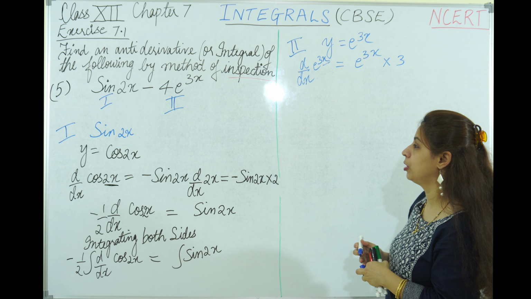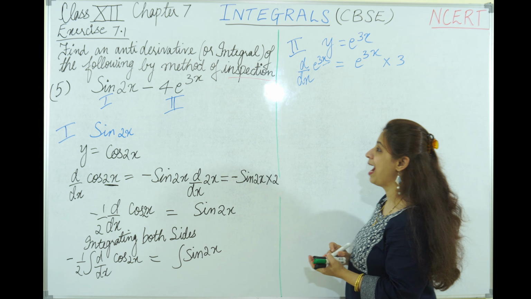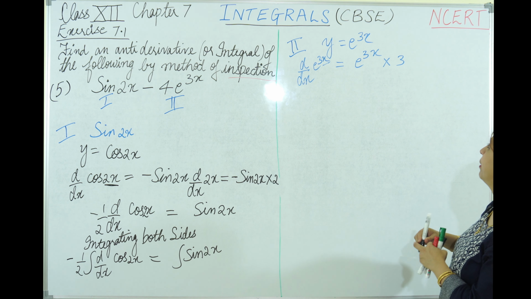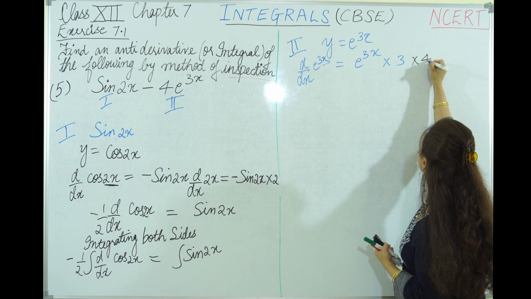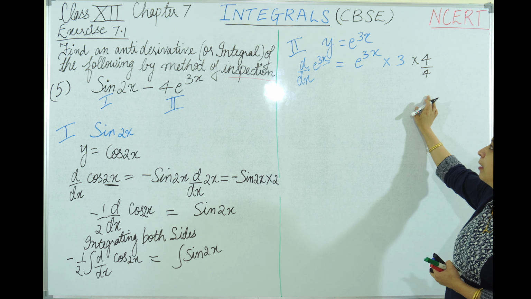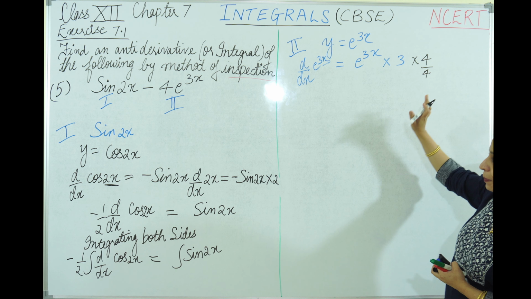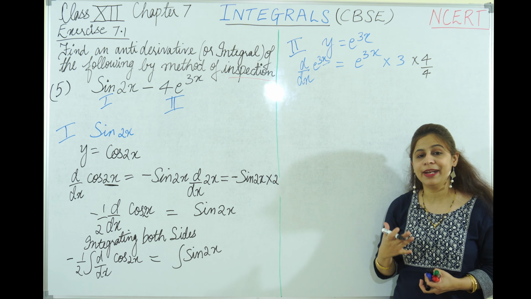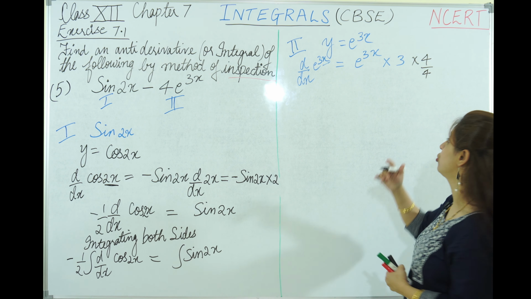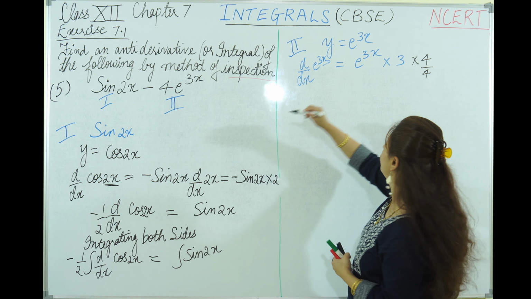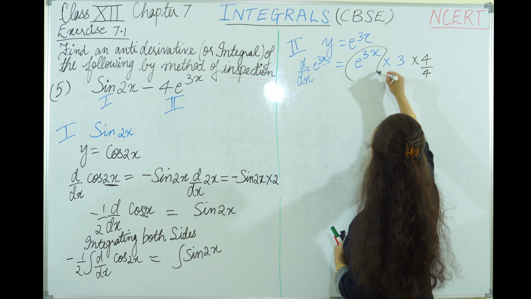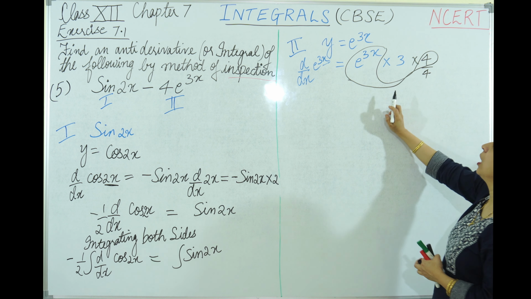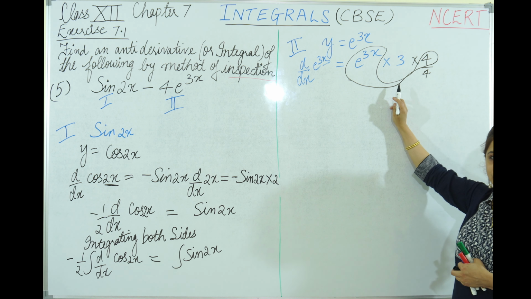But in the expression we can see that we have 4 over here, so we will multiply and divide by 4. The expression for which we need to find the antiderivative by inspection is 4e to the power 3x, so e to the power 3x into 4.